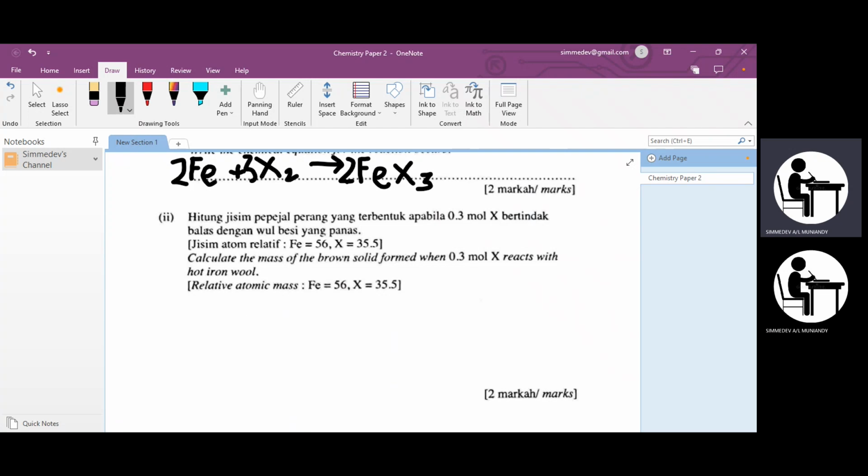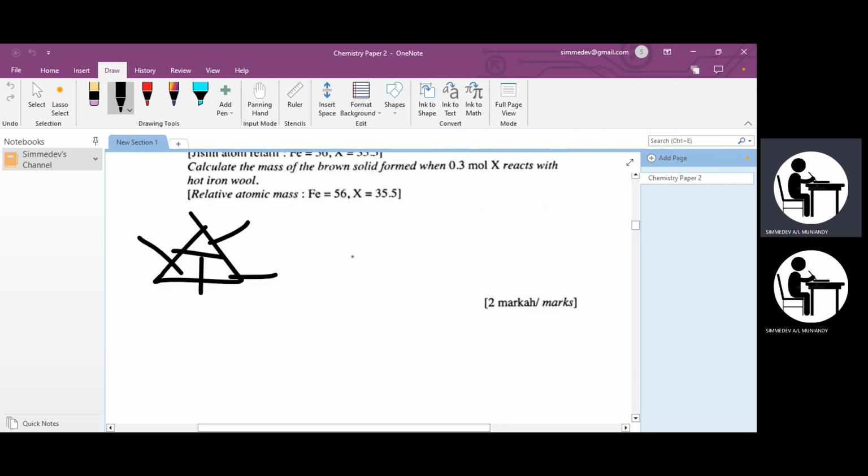All you need to do is know the triangle. The top part is mass, this part is mole, and then this is molar mass. There are supposed to be three triangles.